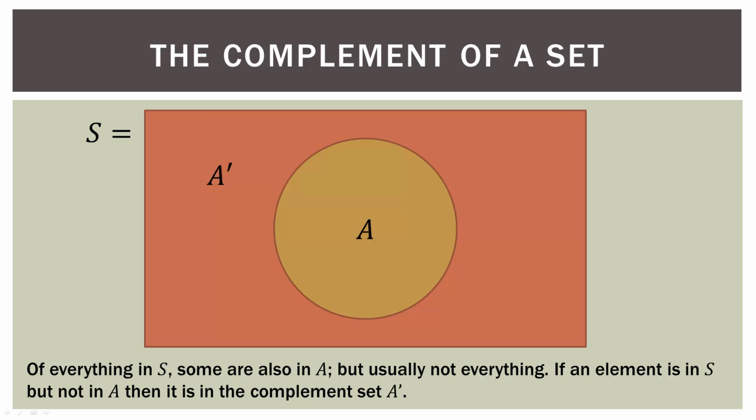And we'll put numbers in here in a second. So everything in S can either be in A or not in A. Now there will be nothing outside of the universal set. So everything in the universal set has to be in either A or not in A.